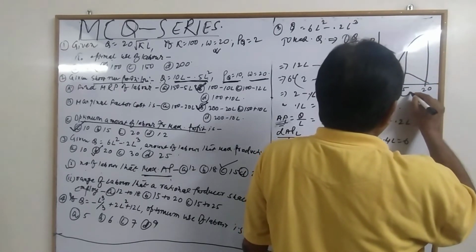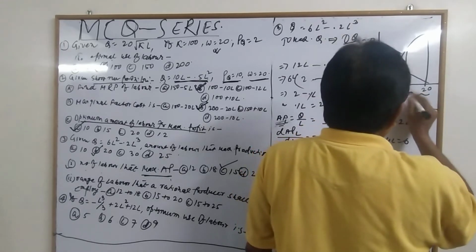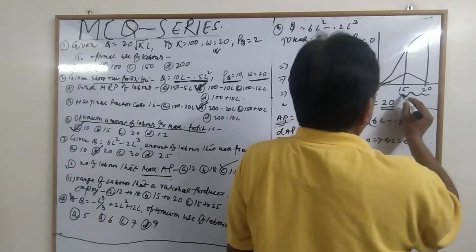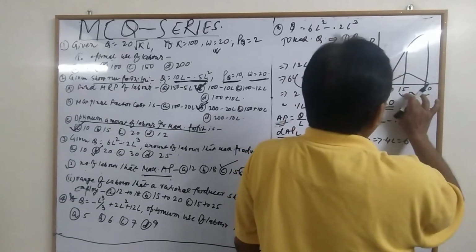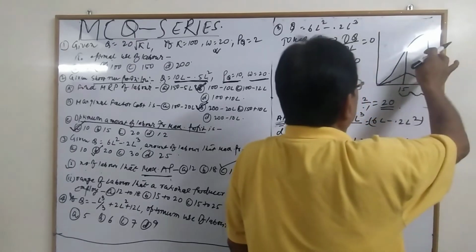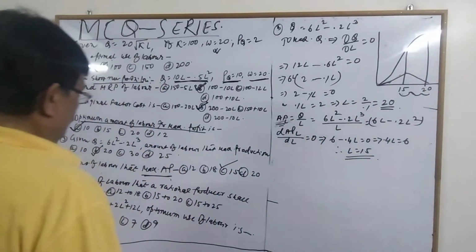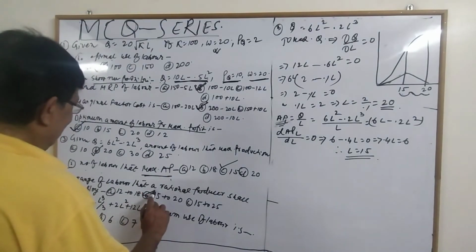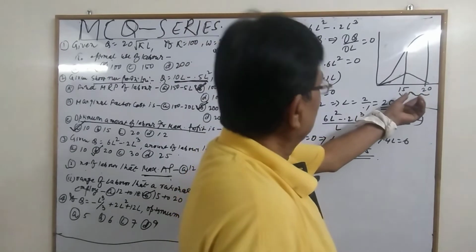So any rational producer shall use the amount of labor in the range of 15 to 20. So lowest 15 and maximum 20. That has been the answer. This range of labor would be used by the producer.